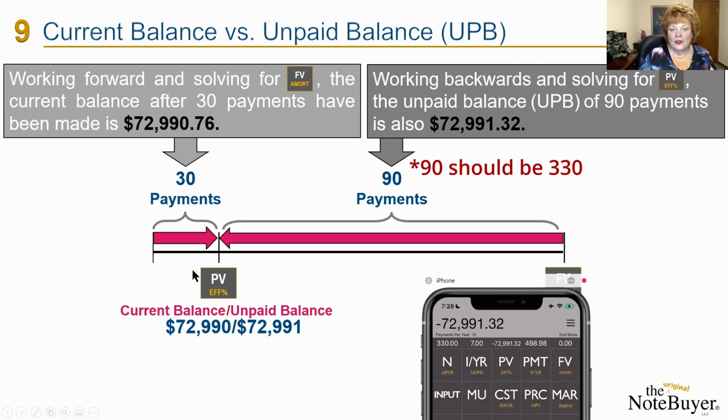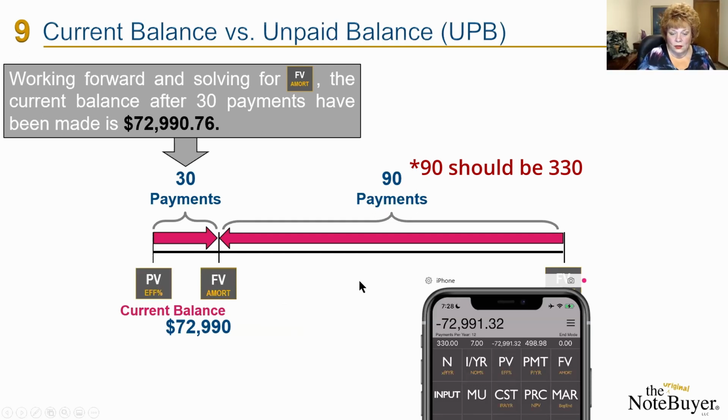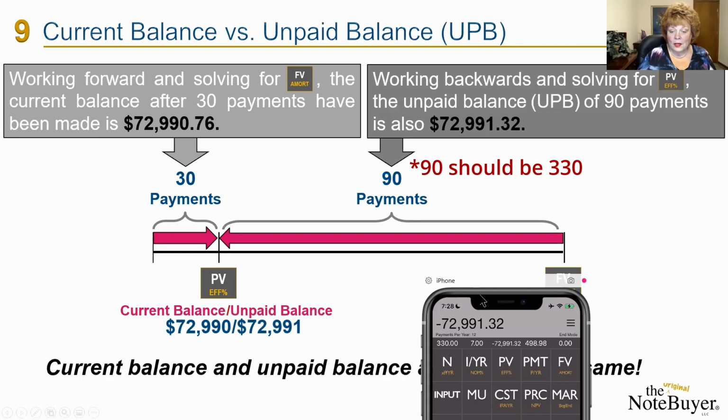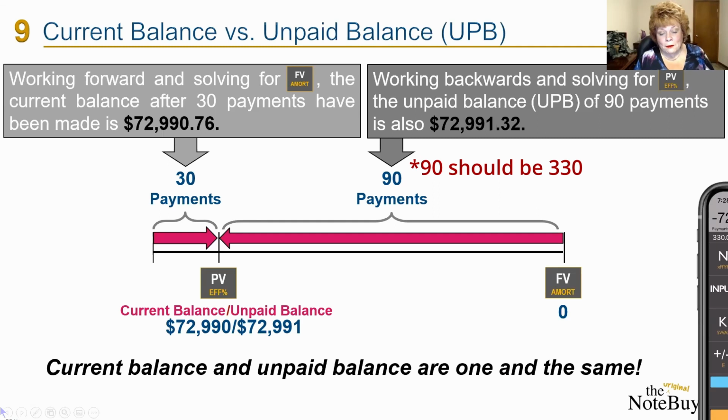Do you see that it's the same point on the timeline? So what this tells us is that the current balance and the unpaid balance are one and the same. They're right at the same point on the timeline.